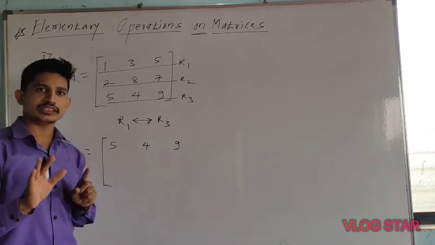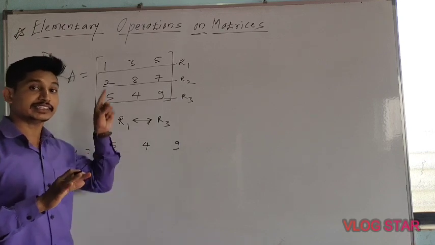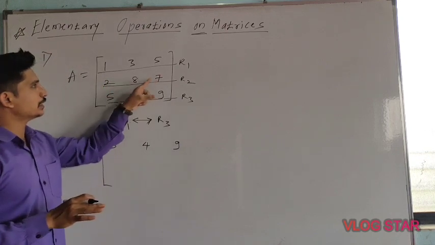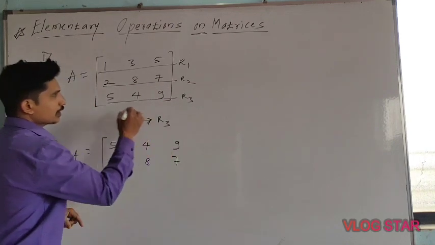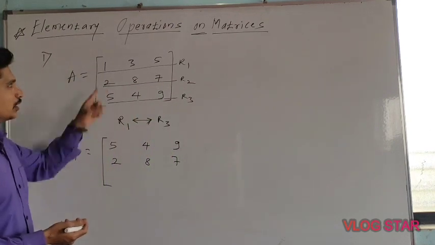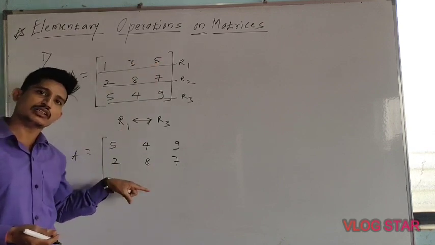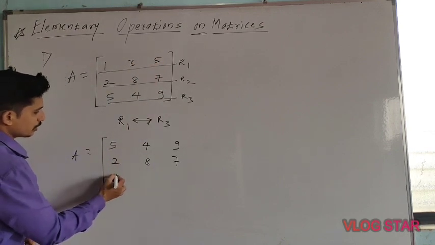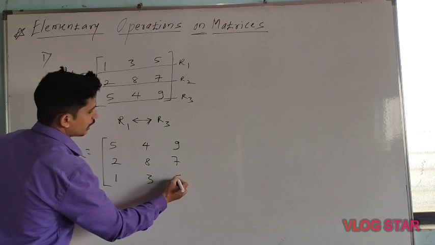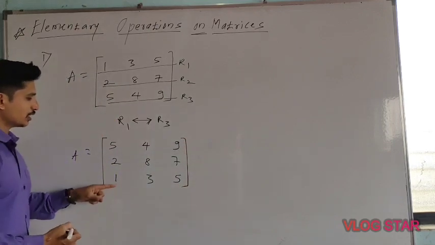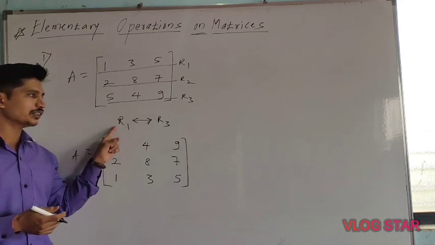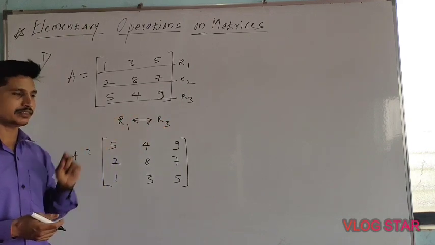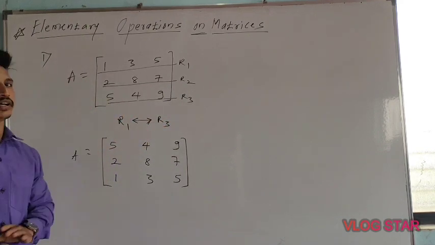R2 I am not changing, so R2 stays as it is: 2 8 7. And row 1 goes to row 3's place, so 1 3 5 comes in row 3's place. So I interchange R1 to R3 and R3 to R1. This is about the row-wise interchange.